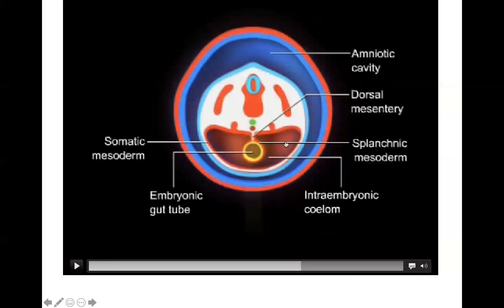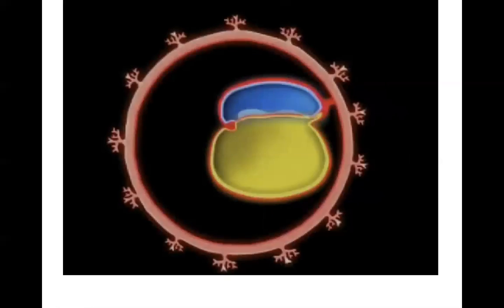Same idea though. This intraembryonic coelom becomes large. The embryo, or the amniotic sac, surrounds the entire embryo. Neural tube, neural crest, gut tube, etc. So now they're going to show us the sagittal plane.